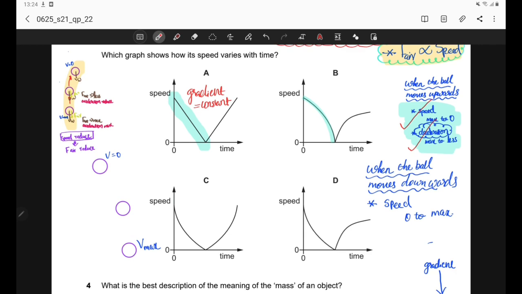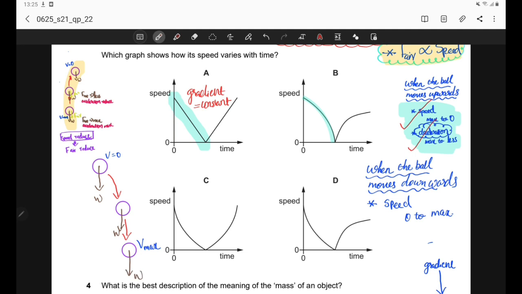Next we need to check the acceleration acting on the ball when it is moving downwards from the starting position to the lowest position. In order to check the acceleration, we should always look at the force acting on the object. The weight will be acting downwards at all positions, and the weight and the direction of the motion are in the same direction.